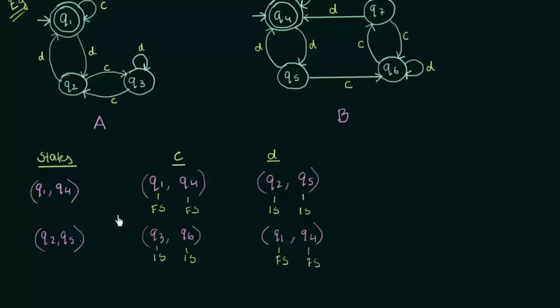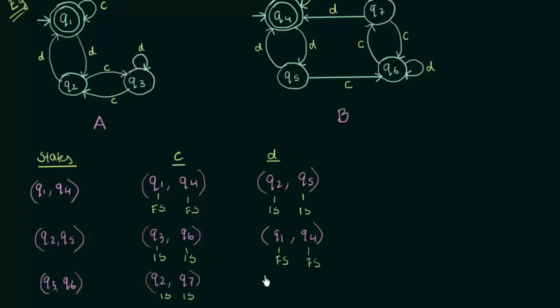Now we have to check the next pair of states, which is Q3 and Q6. Q3 on input C goes to Q2, and Q6 on input C goes to Q7. Let's see whether they are intermediate states or final states. Q2 is an intermediate state, IS, and Q7 is also an intermediate state.